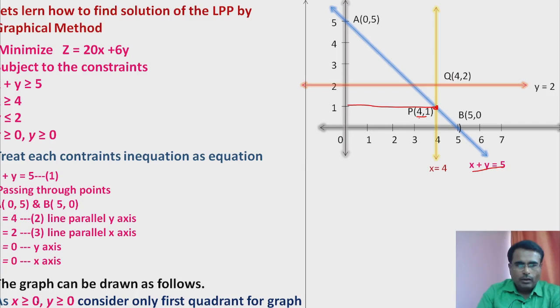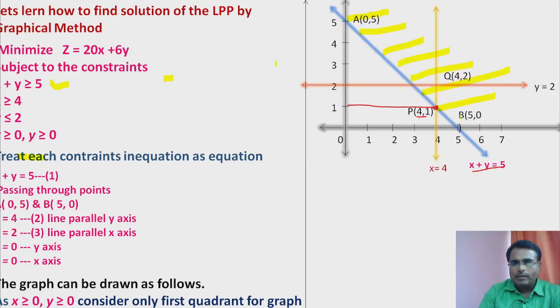Now see how to consider the solution region. We will observe the first constraint is x plus y greater than or equal to 5. For x plus y greater than or equal to 5, the region will be of this type, that is, the non-origin side of this line. Is that clear?